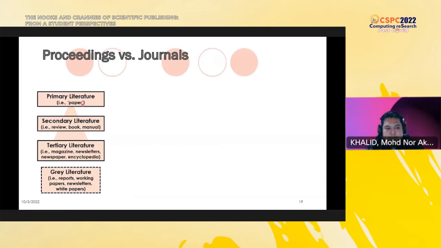Primary literature is the one coming from proceeding and journal, and some proceeding can be secondary as well. But reviews like systematic reviews can be secondary literature because you're including other people's work. You are not producing original work. That's why some articles are called original article or original research work, because it's primary literature, not coming from someone else.